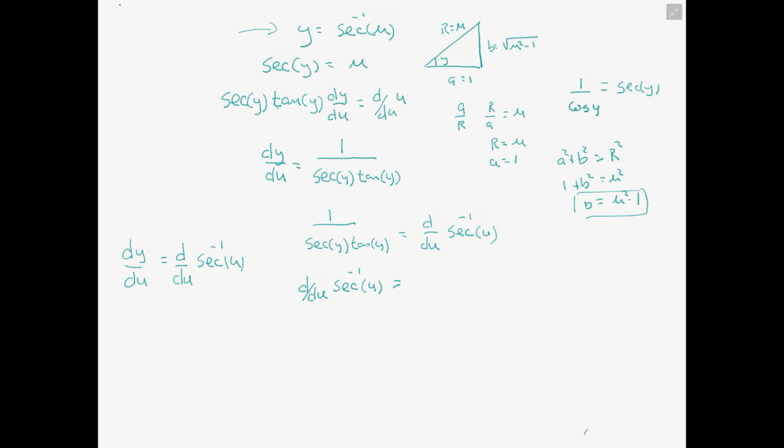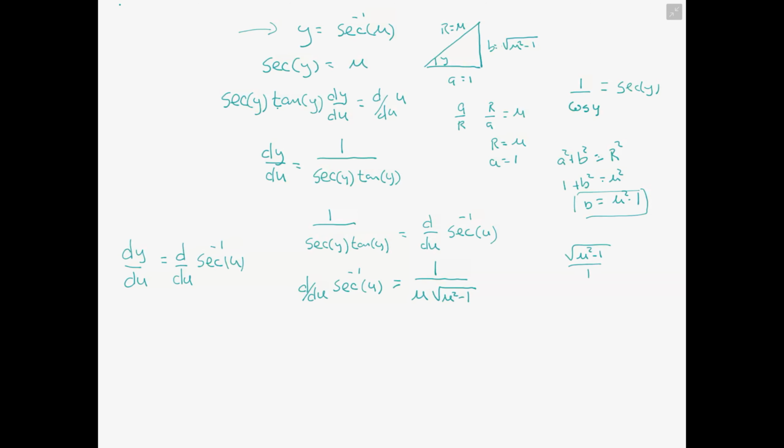And now we fill in d/du of arcsecant of u equals secant of y, which would be u over 1, so 1 over u.